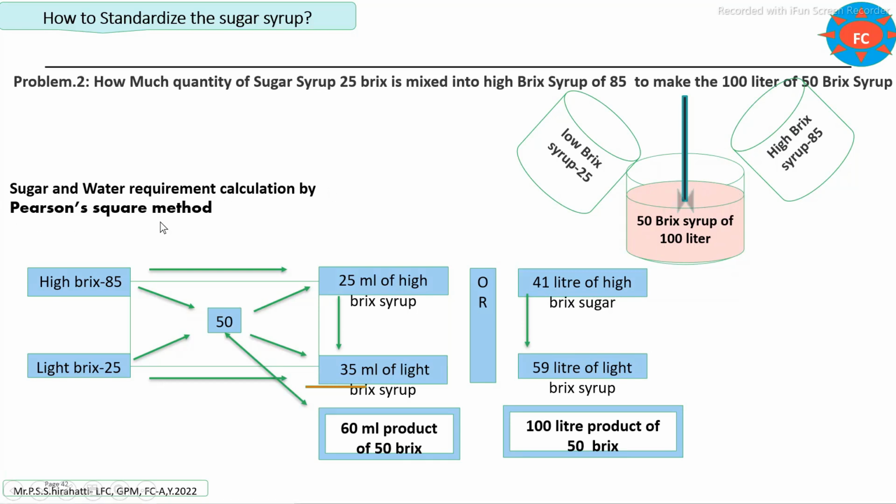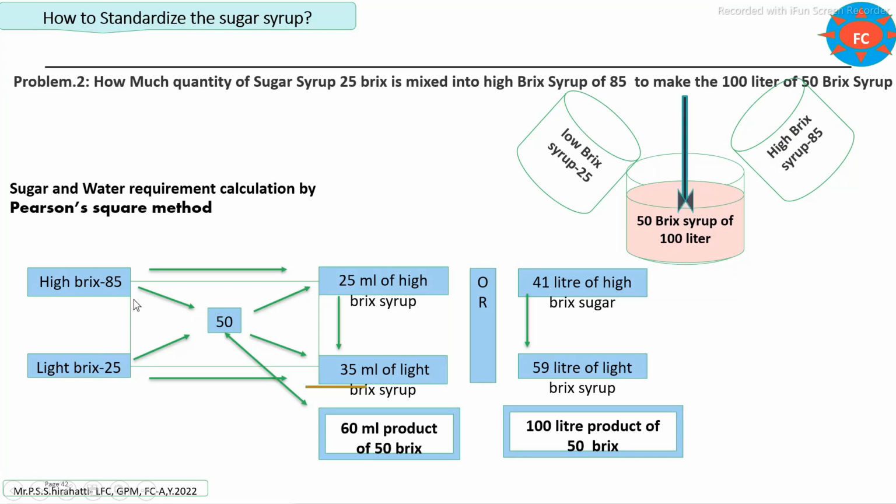By using the Pearson square method, first draw the square, then put the value of the required degree Brix in the center, that is 50 degree Brix. Then for the mixing of the syrups, the higher degree Brix value is 85, put at the right side corner, and the lower degree Brix sugar syrup is 25.